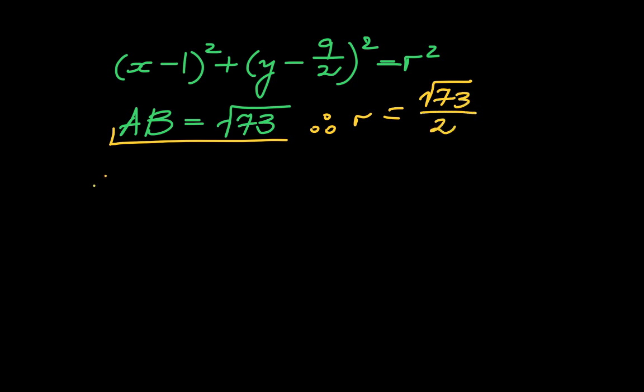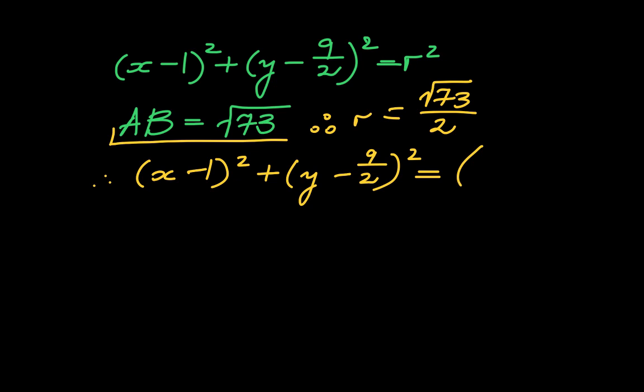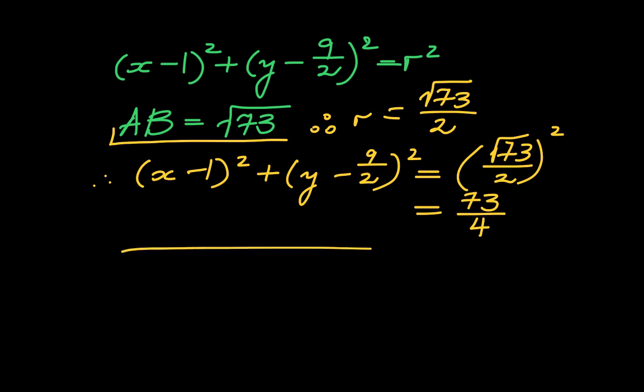Right, therefore my equation is (x minus 1) squared plus (y minus 9 over 2) squared equals (square root of 73 over 2) squared, which we get as 73 over 4. That's the equation of the circle with the given points AB as the endpoints of the diameter.